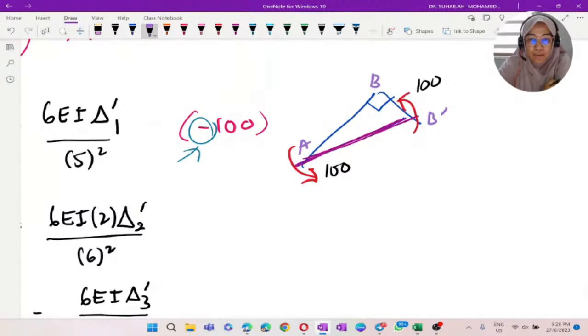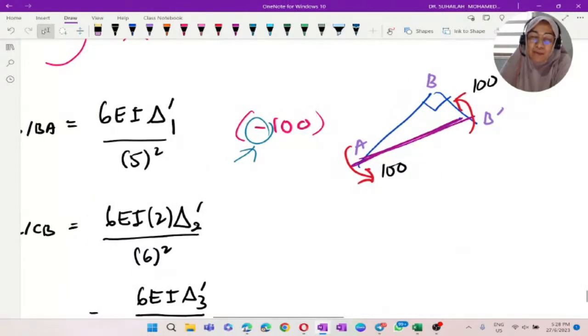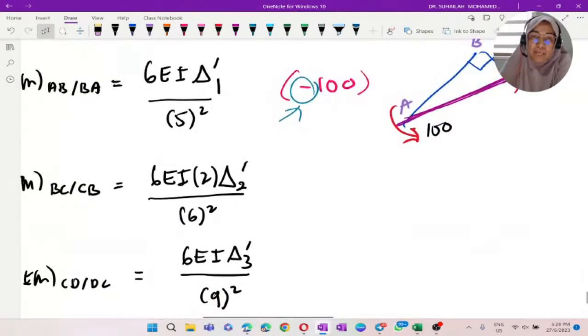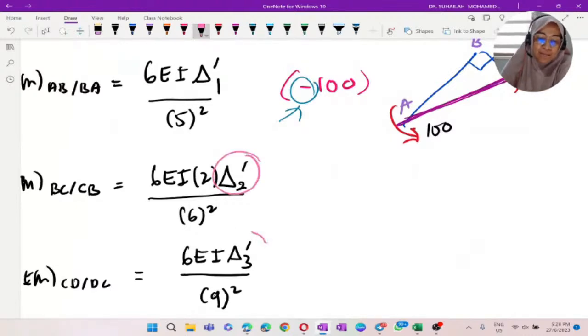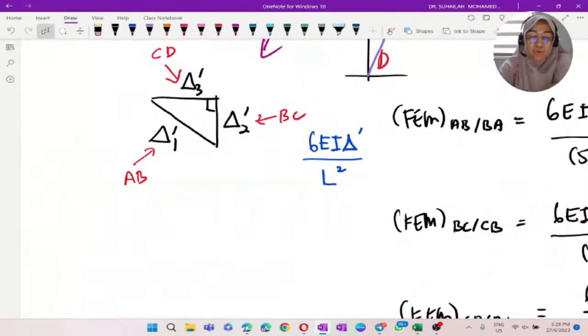Now from this assumption, negative 100 for member AB, we have to calculate the FEM for member BC and for member CD. In order to do that, we have to change this delta 2 prime and this delta 3 prime into delta 1 prime using this triangle.